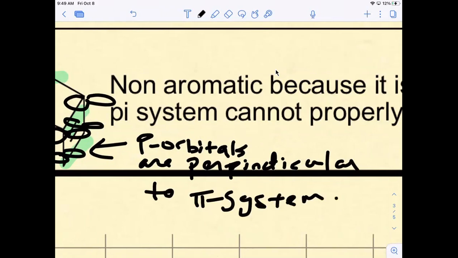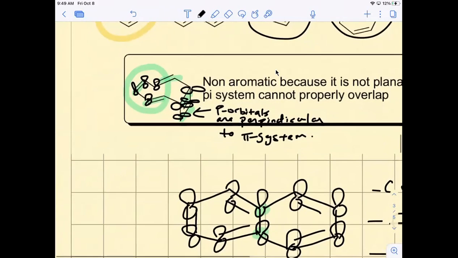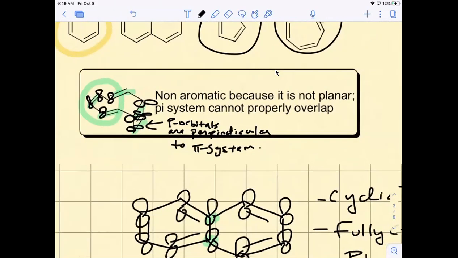So that breaks up the conjugation and it breaks up the planarity. And so a molecule like this, where it's a 10 carbon ring and it's a pentaene, is not going to be aromatic. You can't get the right overlap for it to be planar and for it to be fully conjugated.